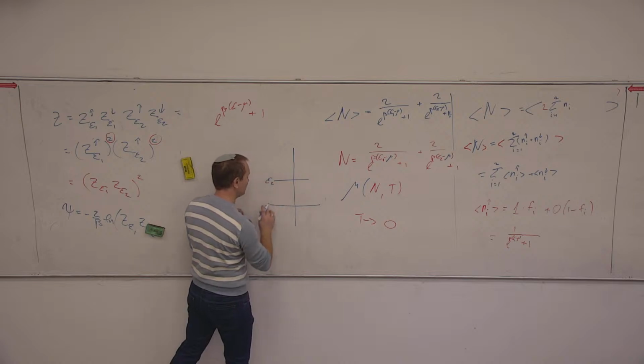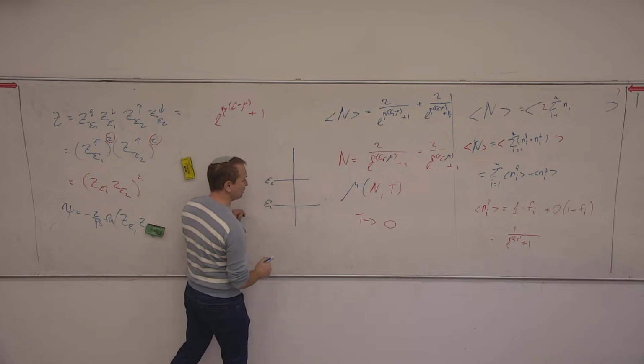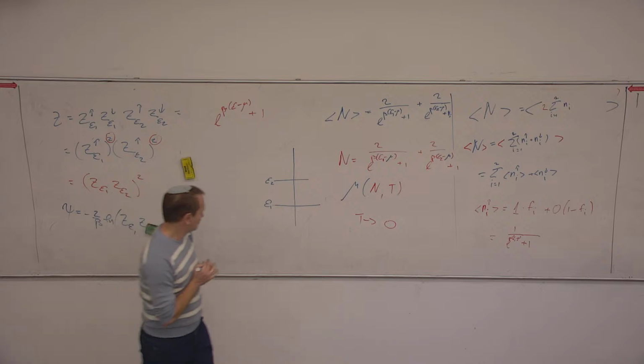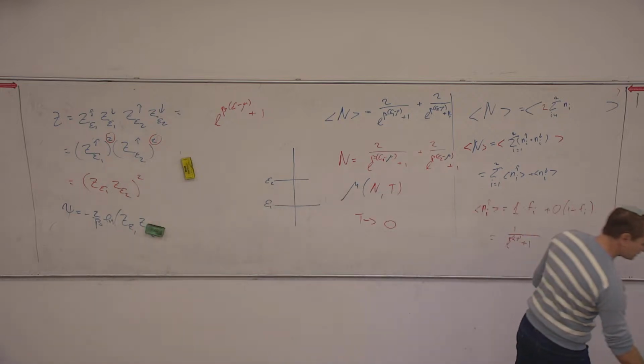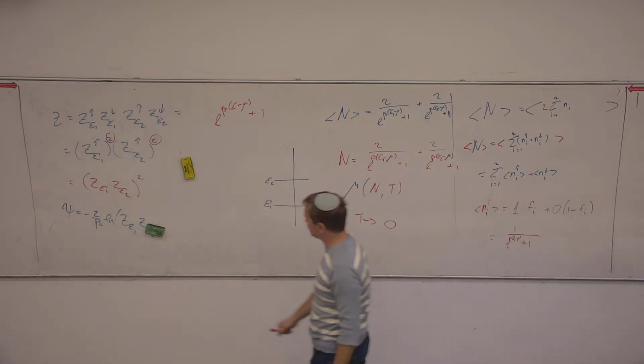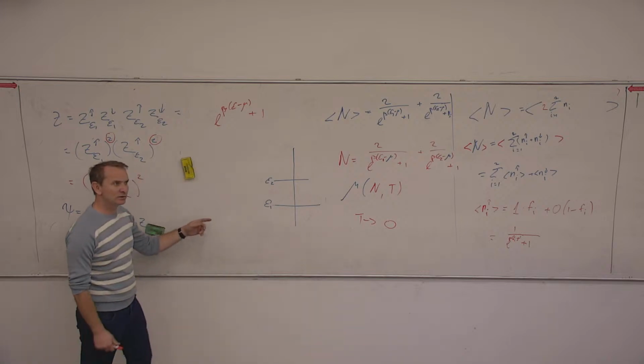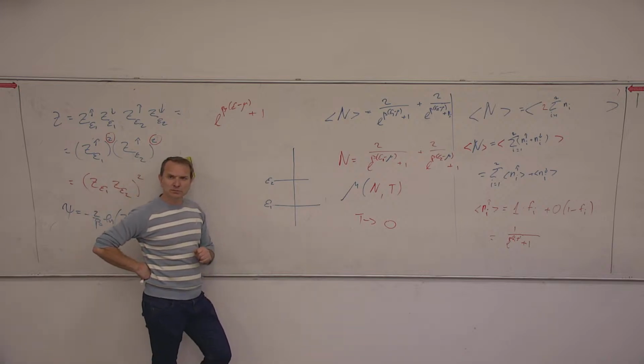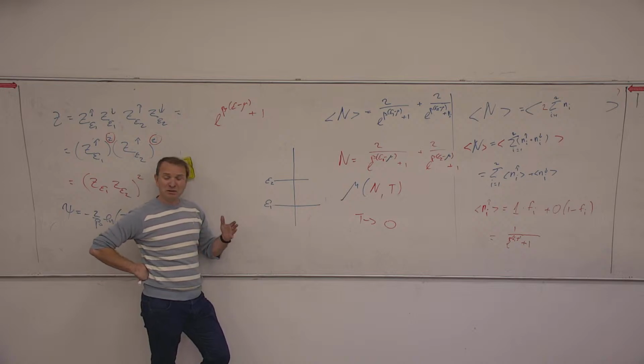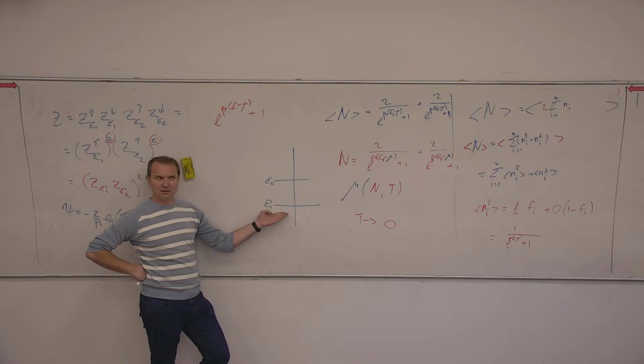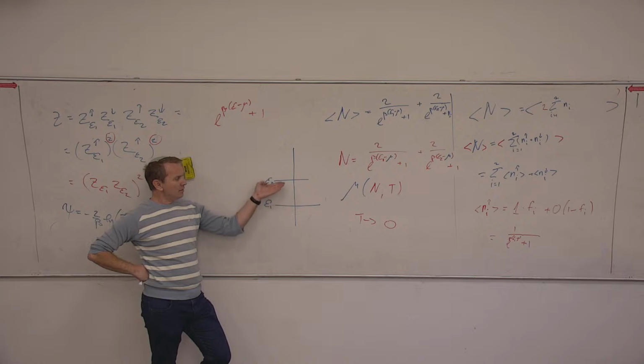This is epsilon 2, this is epsilon 1. The expectation is that at very low temperature, what is going to happen? What's going to happen is that at extremely low temperatures, all the lowest states are going to be occupied, we know that, okay? And all the upper states are not going to be occupied.